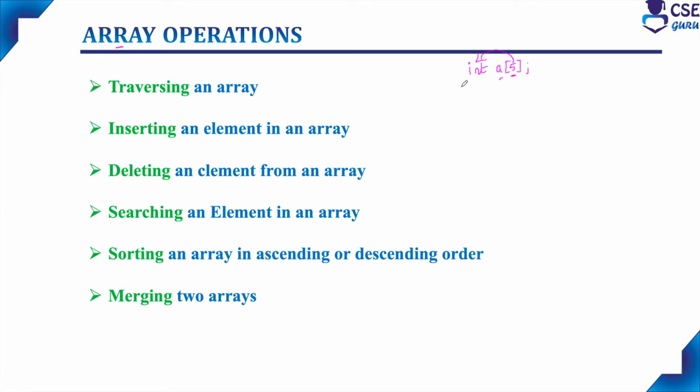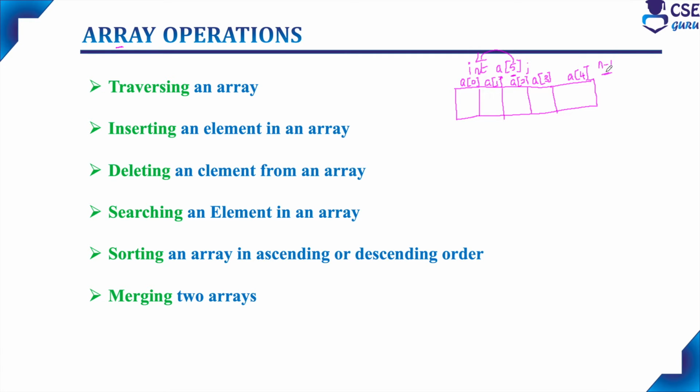Consider this array with 5 elements. What is the starting location of the array? Here the starting location is a[0], next is a[1], next a[2], a[3] and a[4]. The array stores elements from location 0 to n minus 1.